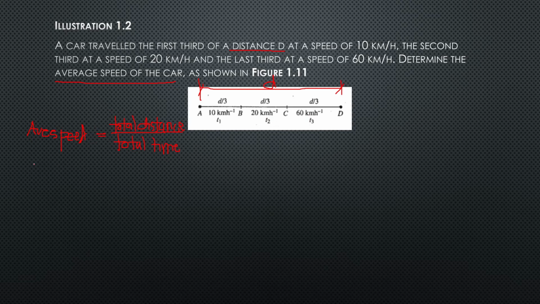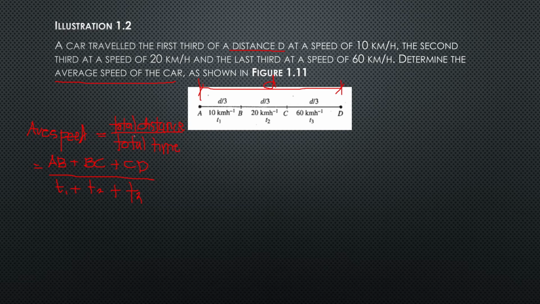So that could be written as distance AB plus distance BC plus distance CD all over time 1 plus time 2 plus time 3.